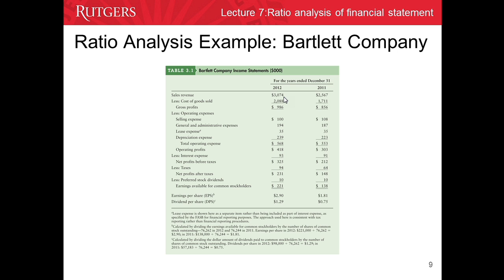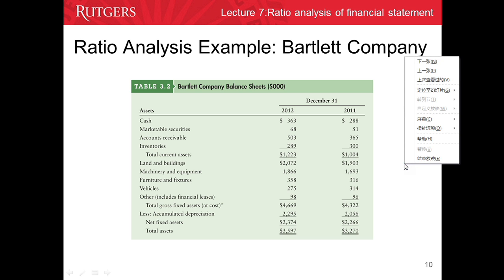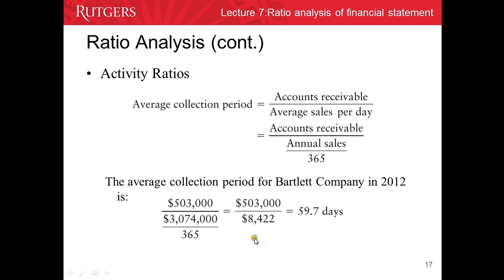Then we divide it by 365 to get the average sales per day, which equals 8,422. Then we use accounts receivable, which equals $503,000, divided by 8,422 to get the average collection period, which equals 59.7 days.